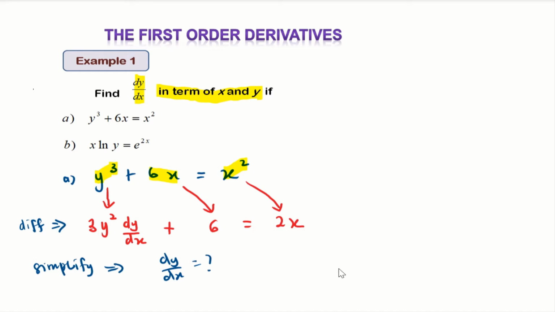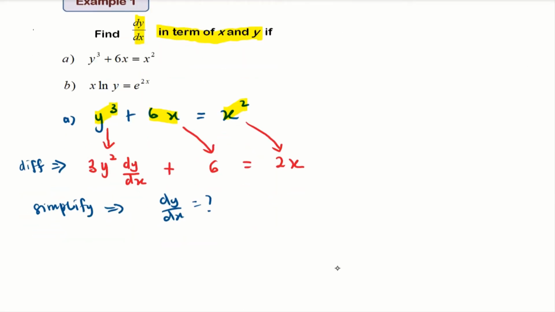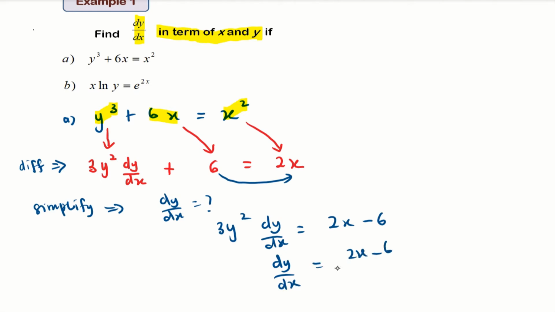So then kita pindahkan 6x ke sebelah kiri. We bring 6 to the right hand side. We get 3y square dy dx equals to 2x minus 6. And then dy over dx equals to 2x minus 6 over 3y squared. So this is answer for A.